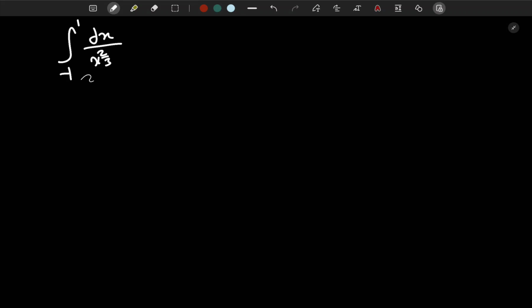If we replace 0 in the denominator, this will be undefined, and 0 is in the limits. If I draw the graph, it will be more clear. Let's say this is negative 1, this is 1, and the graph is something like this, where 0 is a vertical asymptote.